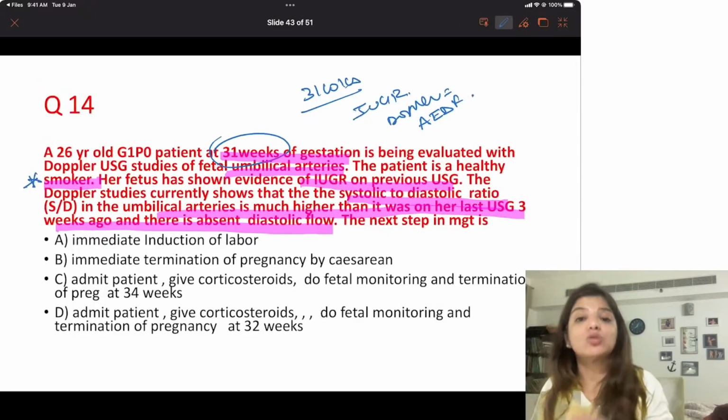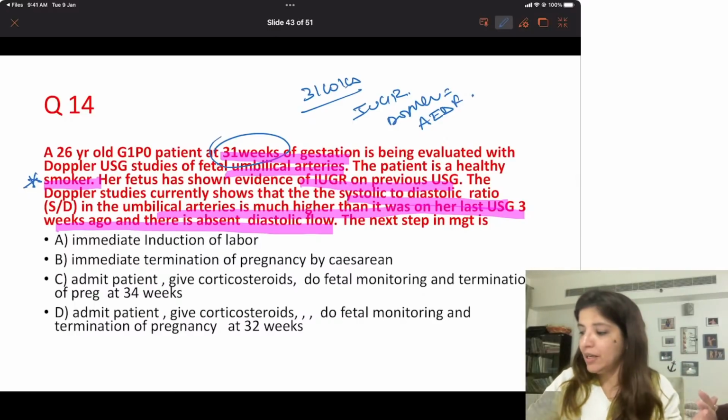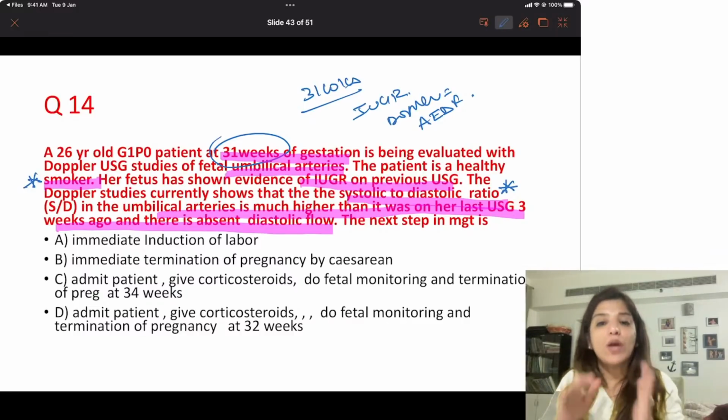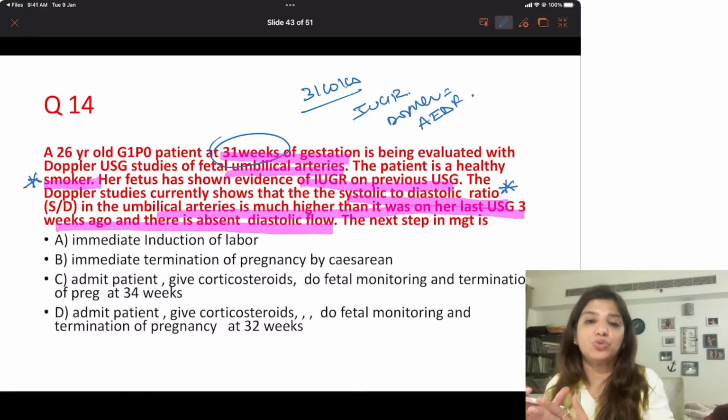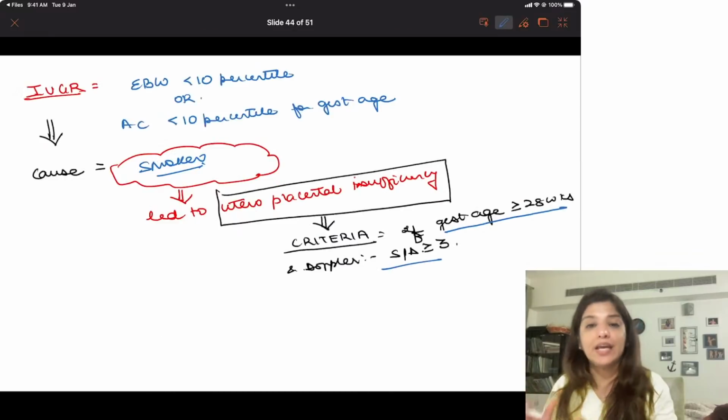So in this case, patient was a smoker, there was IUGR, and when Doppler study was done, SD ratio was increased and now there is absent end diastolic flow. So SD ratio more than or equal to 3 at more than or equal to 28 weeks means that this patient has developed uteroplacental insufficiency, right? Okay.